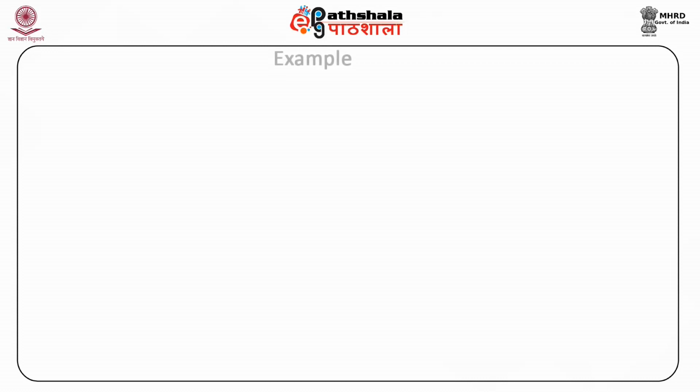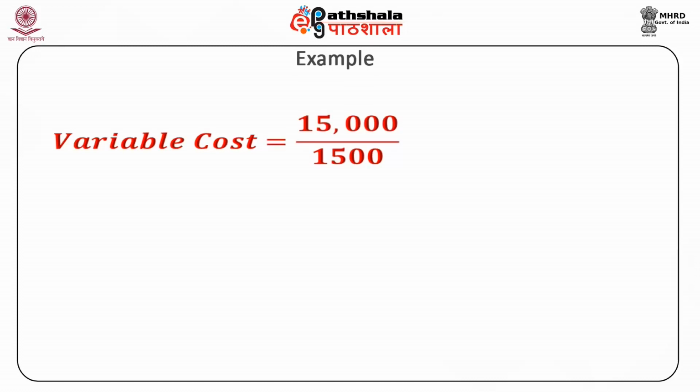By following the levels of output method, we can find out per unit variable cost by dividing the change in cost by change in output. So, variable cost would be 15,000 divided by 1,500, which is equal to rupees 10 per unit.